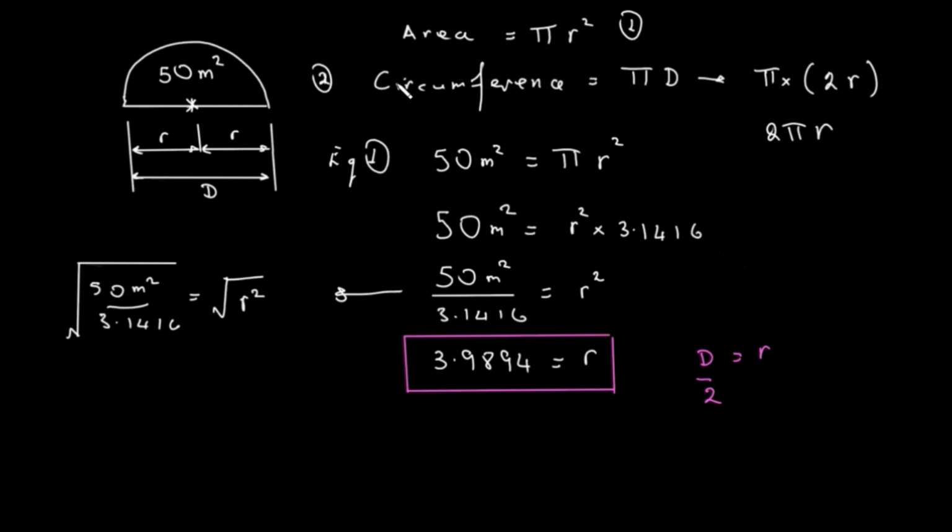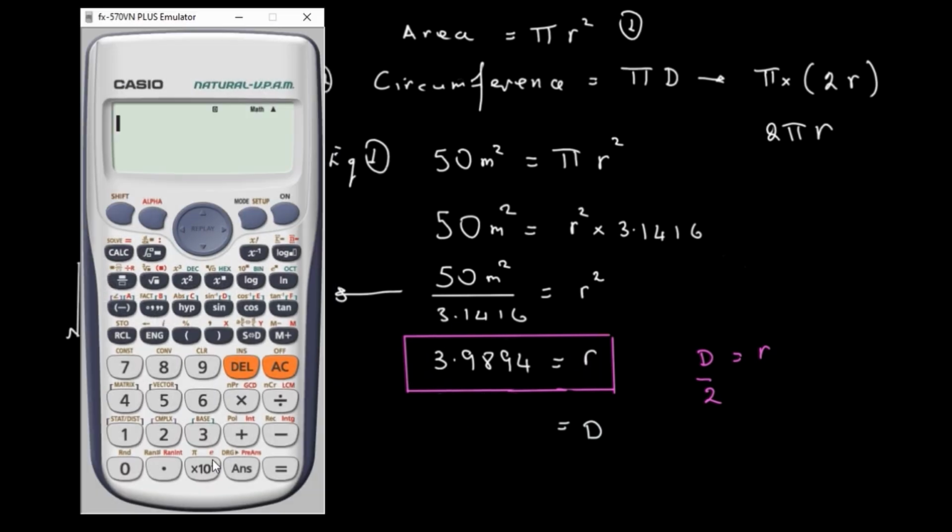If we double the radius, we get the diameter. So we need to double that. Our diameter is twice that. If you multiply the right by 2, you multiply the left by 2.